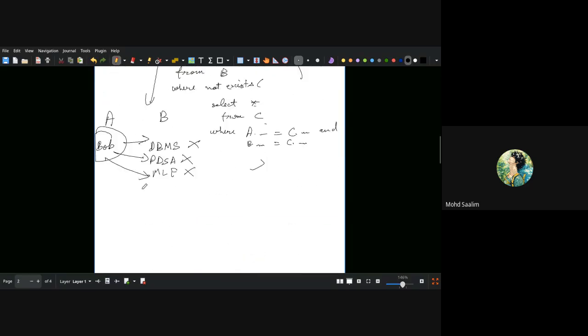Let's discuss TRC. In TRC, the syntax is like this: you give a tuple such that there is a predicate. For example, if someone had given me the students table. In this, I have roll number and name, and then there is a separate table called courses.